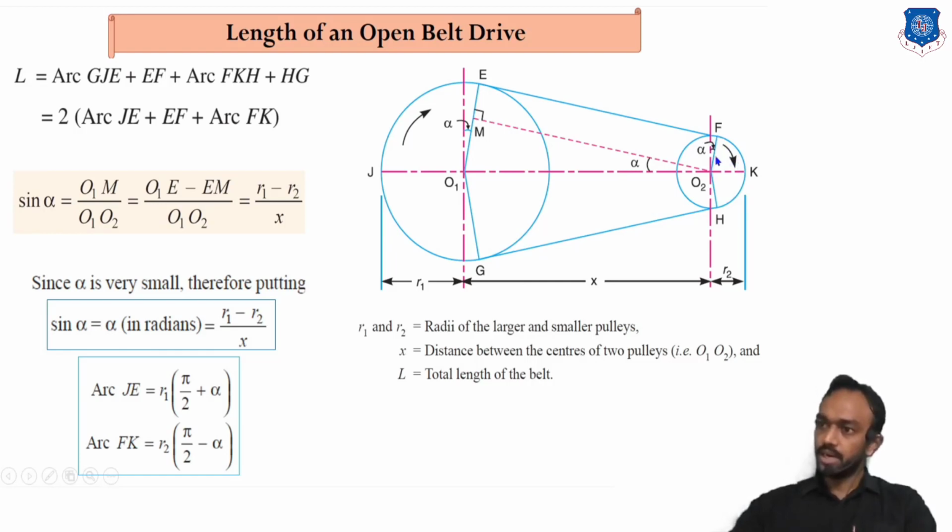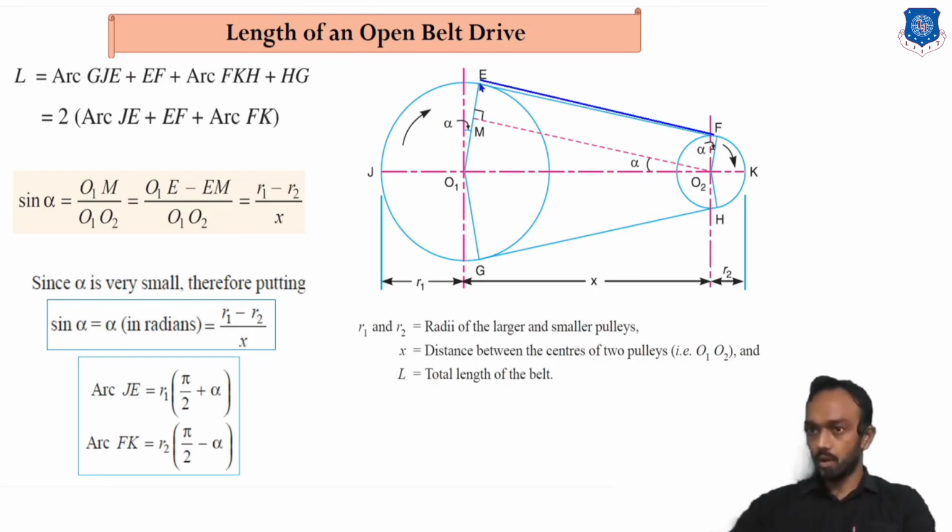There will be 90 minus alpha, and here for JE 90 plus alpha. So arc JE we have already found, arc J is equal to R1 into 90 plus alpha, and for FK 90 minus alpha.